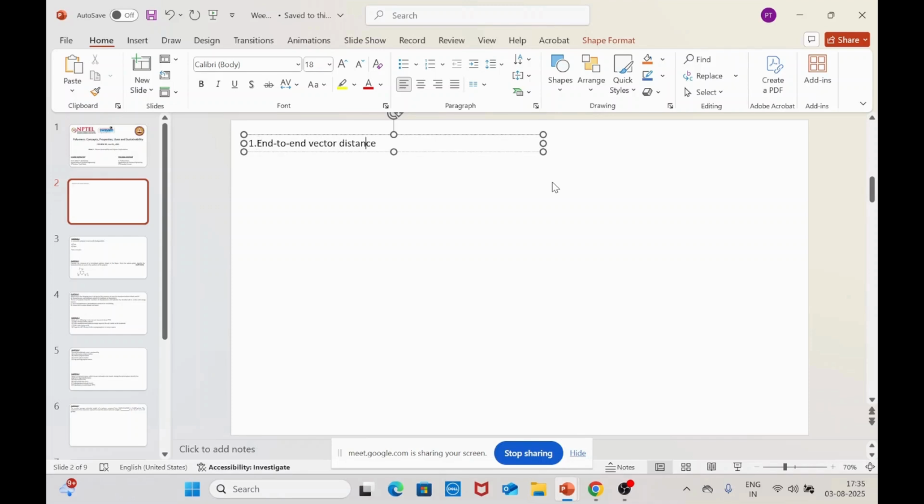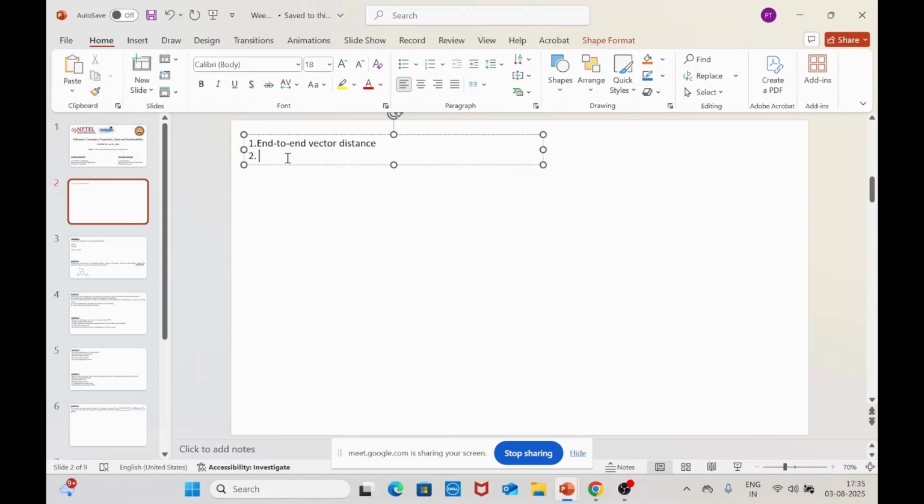Here what we consider is that we consider every single bond as a vector, and the distance between the first vector as well as the last vector is what we call the end-to-end vector distance.